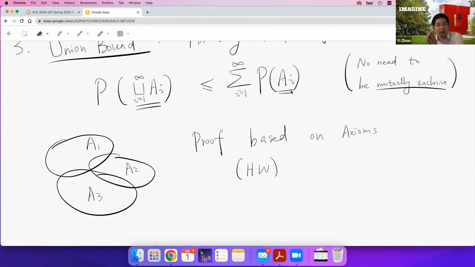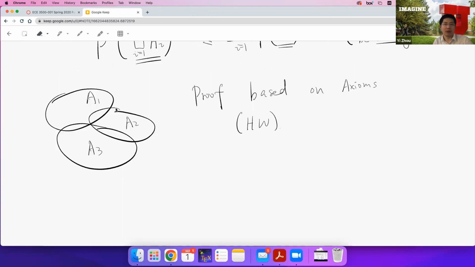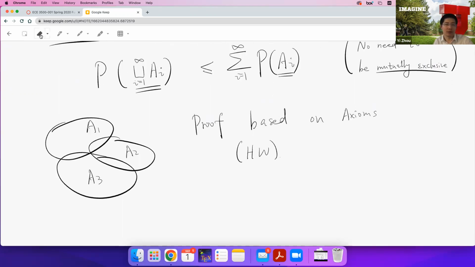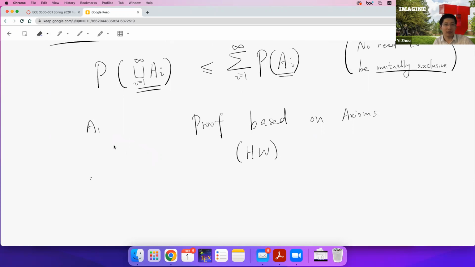So you must think of a way to write this union event as a bunch of mutually exclusive events. For example, we can start from two events. That will give us a clear picture.